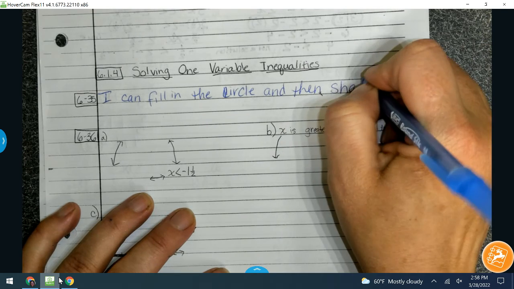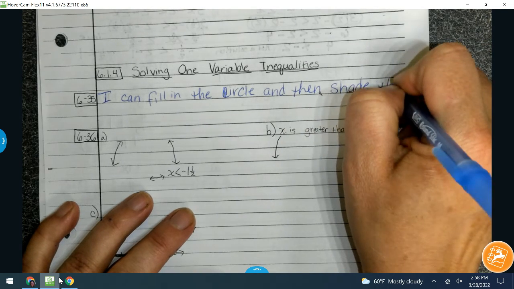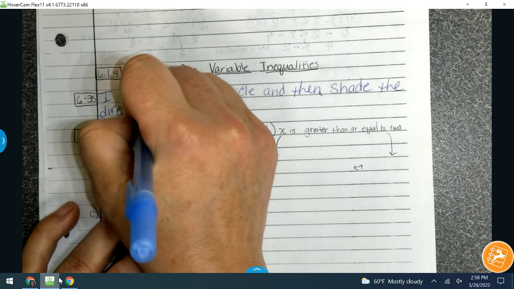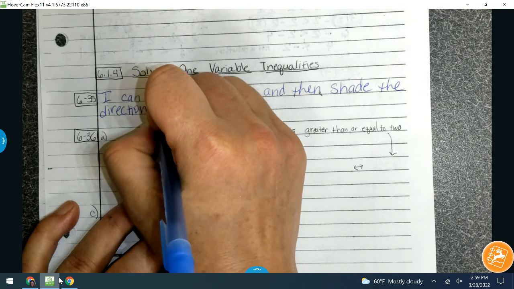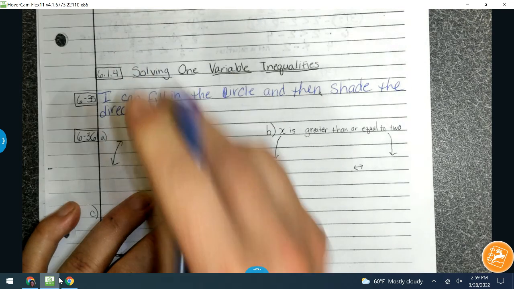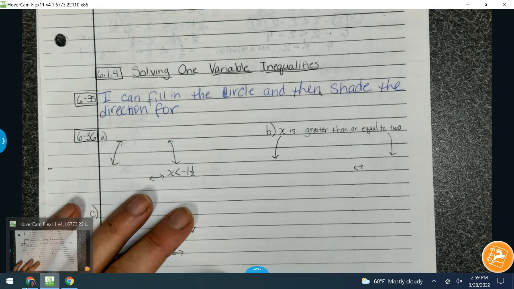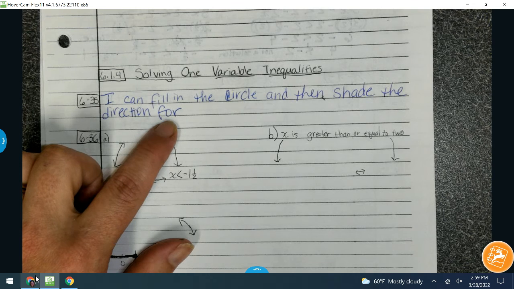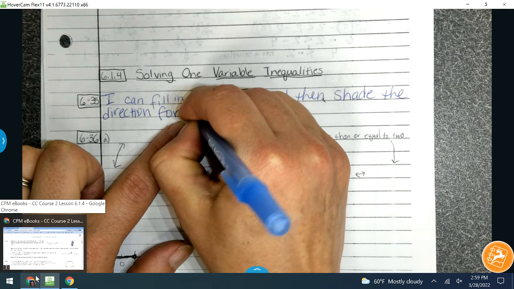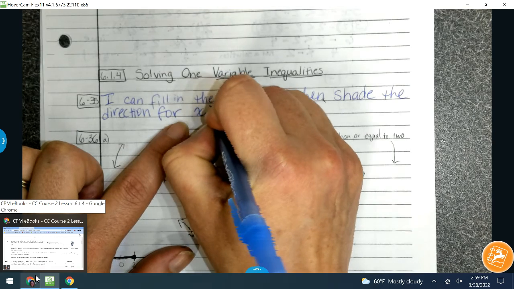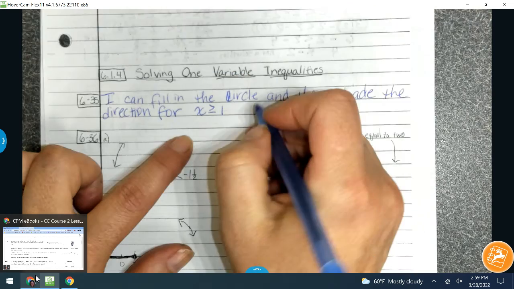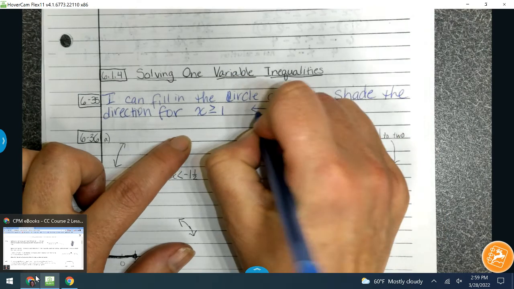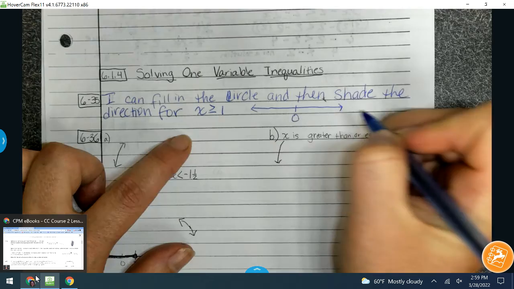So I can fill in the circle and then shade the direction. For x is greater than or equal to 1, the way that I would show that is, we have our number line. I need to anchor it with a 0.